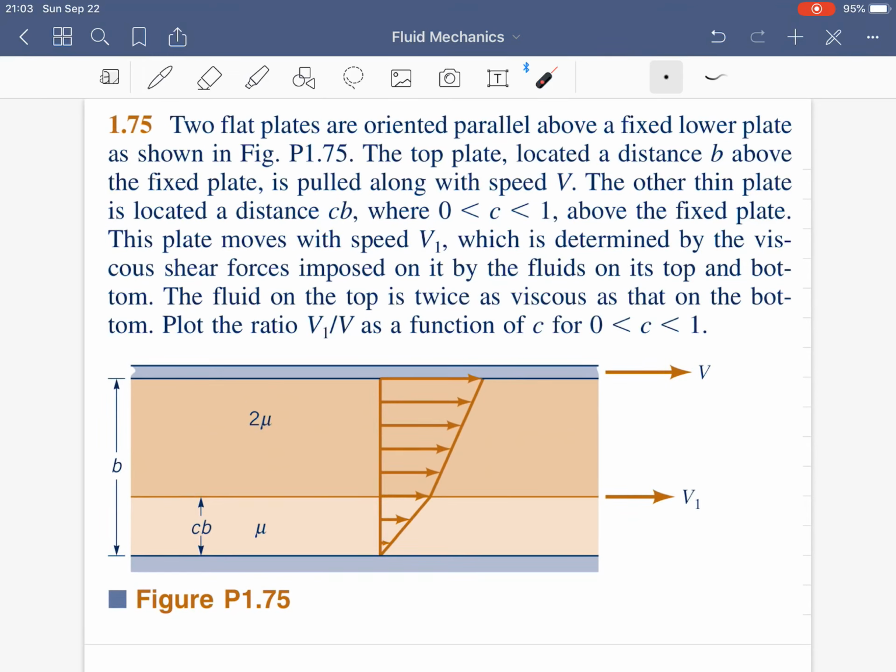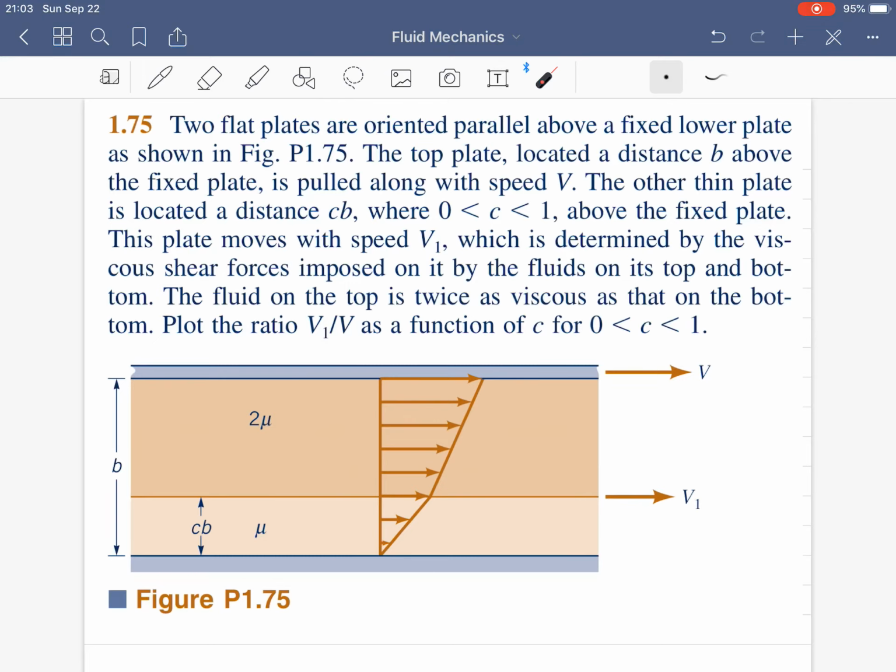The next problem says that two flat plates are oriented parallel above a fixed lower plate. Here is the fixed lower plate, and here are the two flat plates.